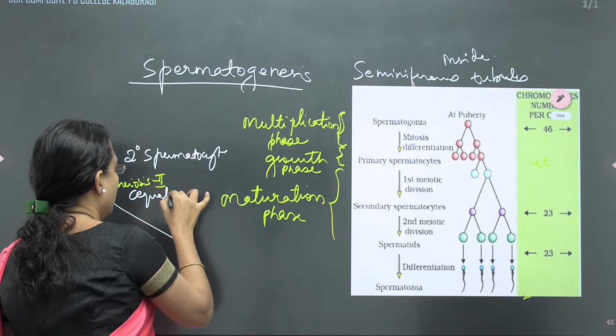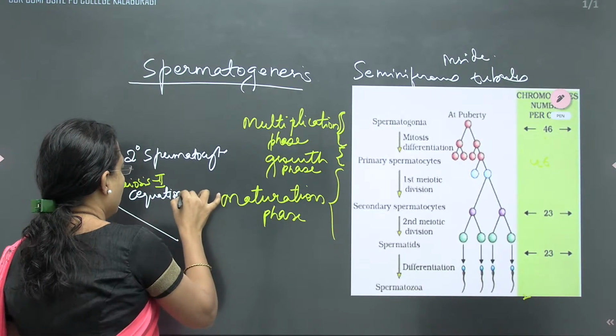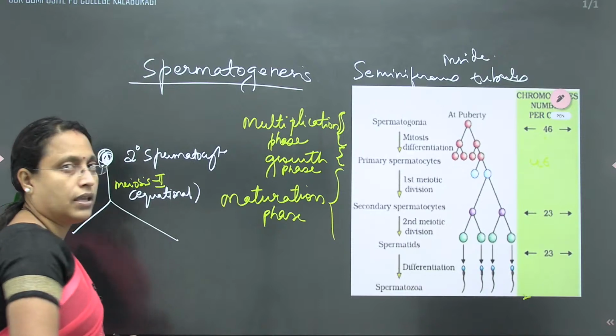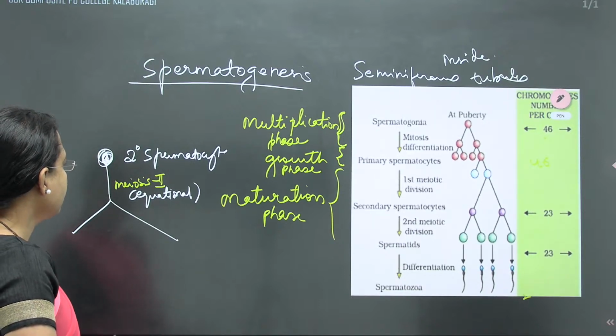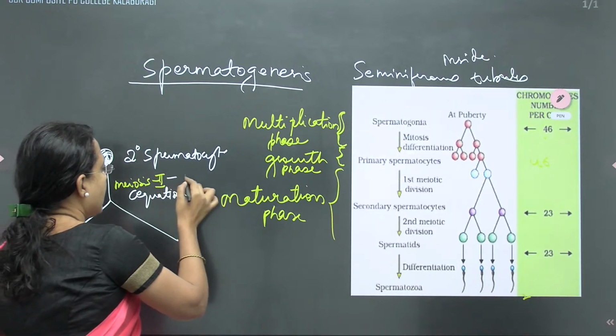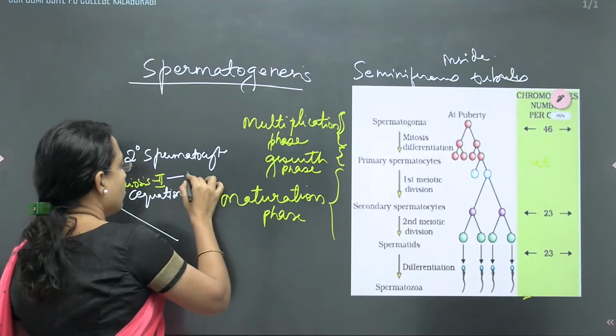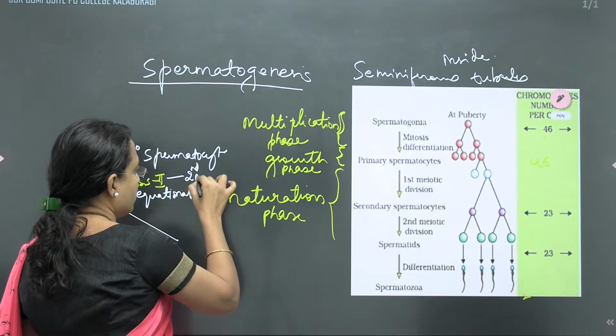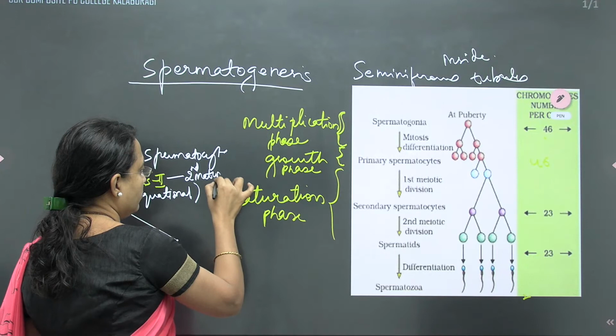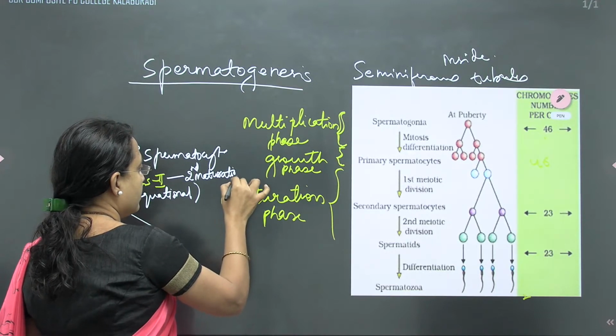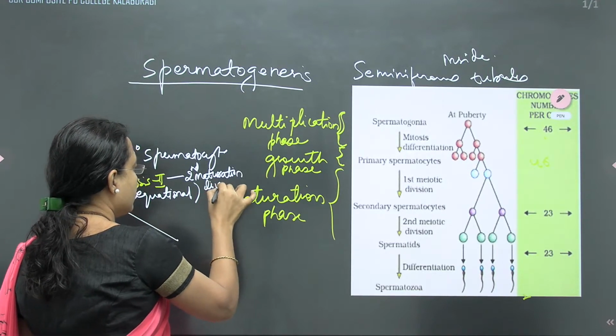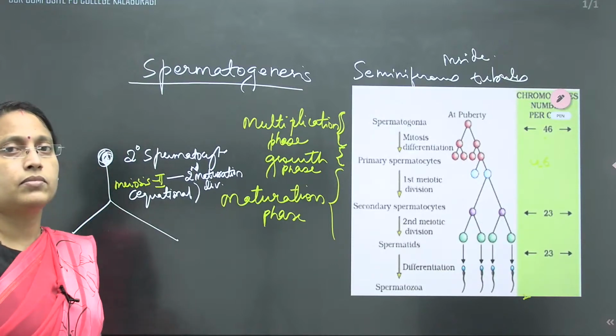Understand? Since it is a second meiotic division, it is also called the second maturation division.